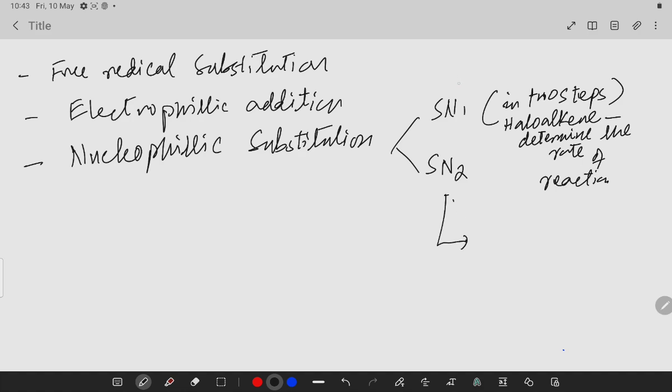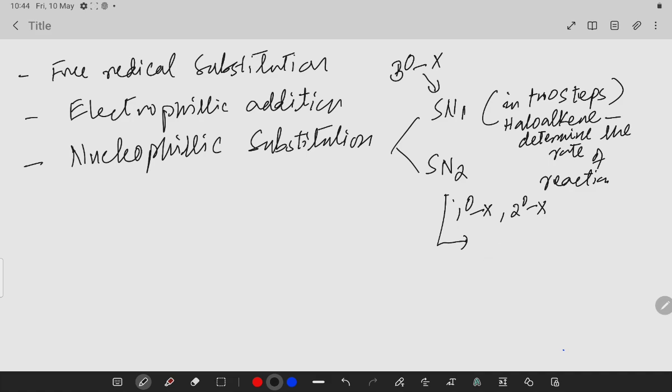Tertiary haloalkane exhibits SN1 reaction, and SN2 reaction is going on in primary haloalkane and secondary haloalkane, and SN1 with secondary haloalkane as well. And SN2 takes place in 1 step only.